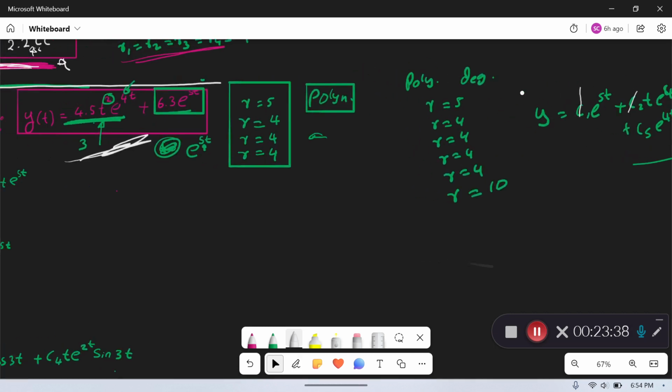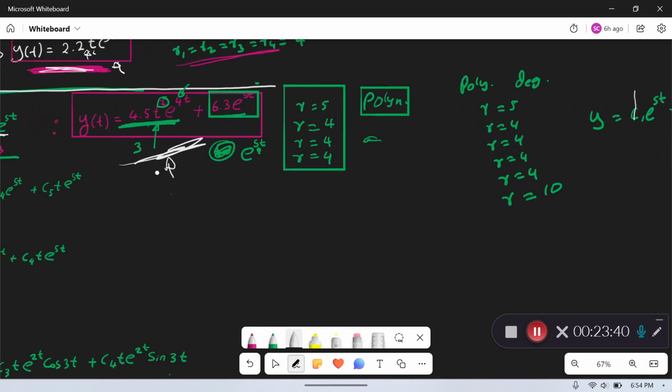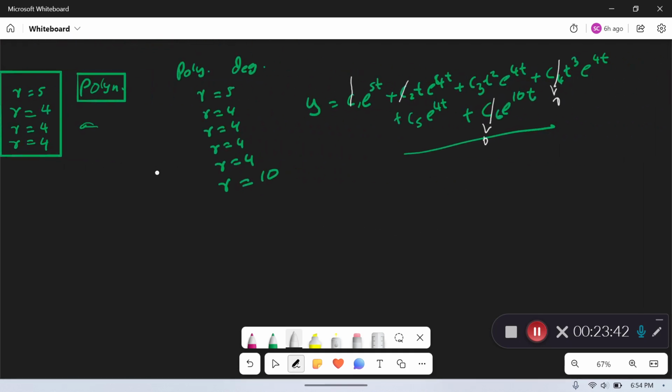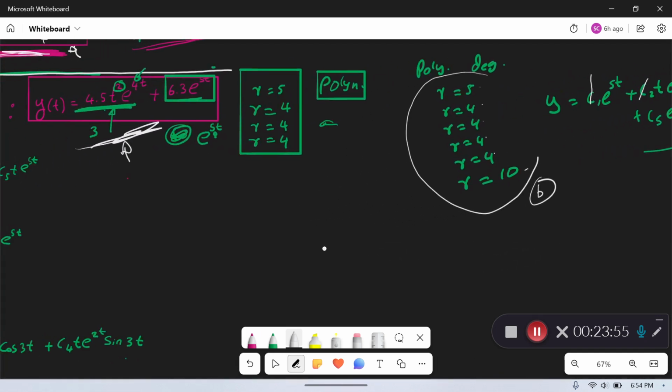Once again, you still can get this solution, and in this case, the polynomial will have a degree of 6, and you can still get the same solution, right?